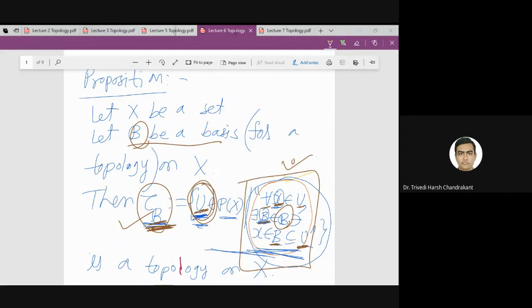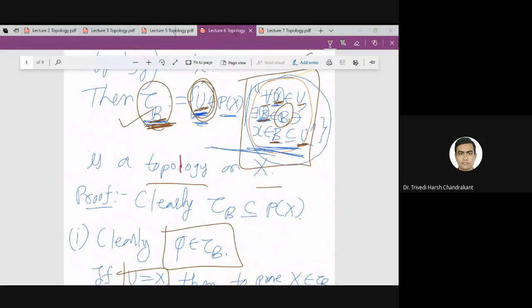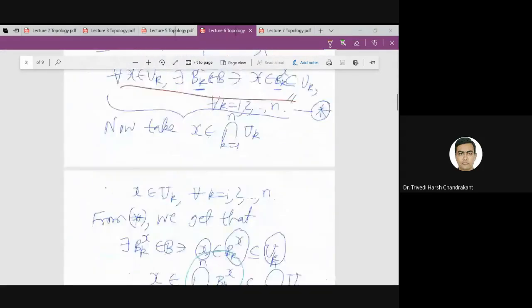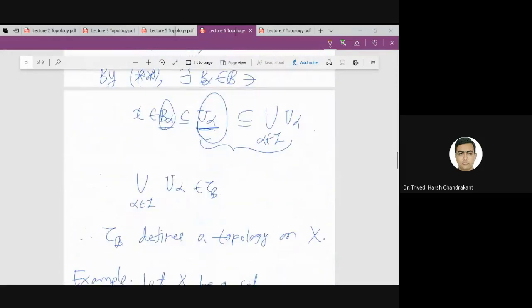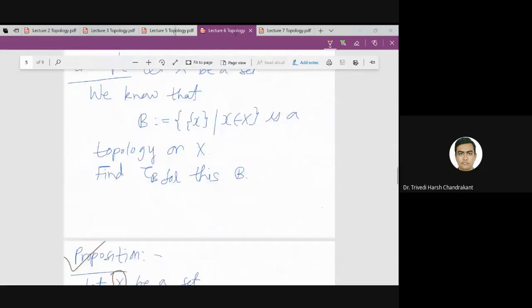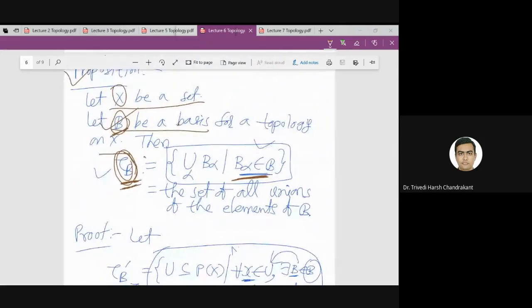But now the next proposition helps us to find it explicitly. That is what we were discussing in the last lecture: if I take X to be any arbitrary set and B is a basis on this set X, then the tau B which we defined in the previous proposition is exactly this set. It is nothing but the set of all unions of the basis elements.